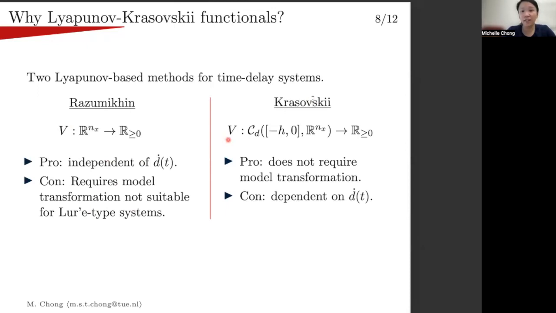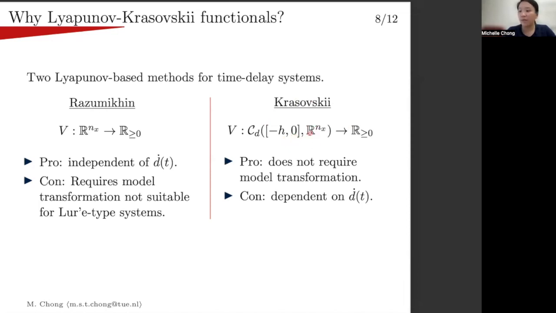On the other hand, the Krasovskii method uses functionals that map the set of continuous functions to a positive real line. This here denotes the set of all continuous functions from the interval minus h to 0 to the state space Rnx.